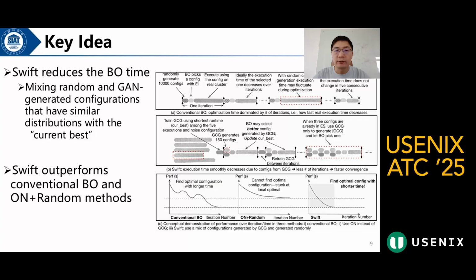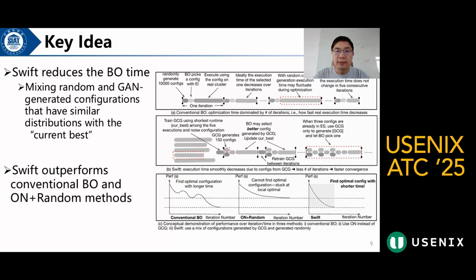This figure shows the conceptual demonstration of performance in three methods. That is, conventional Bayesian optimization, one-neighborhood plus random generation, and Swift. Swift mixes random and GAN-generated configurations that have similar distributions with the current best performance configuration.